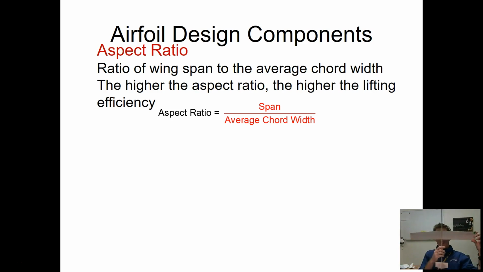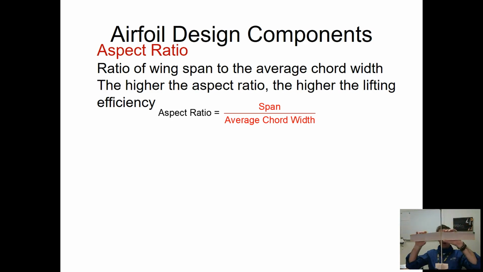The aspect ratio would be the span, which is from wingtip to wingtip. If you're looking at me in the little thing down there, from my finger to finger, this is the span of our wing. Okay? And then the average chord width, that is the width of our wing from trailing edge to leading edge. I was pointing to the wrong one.